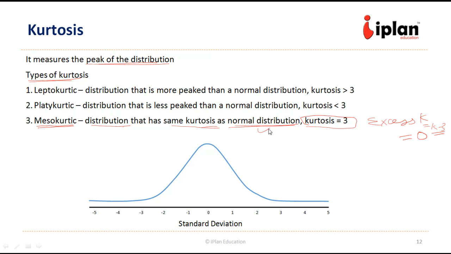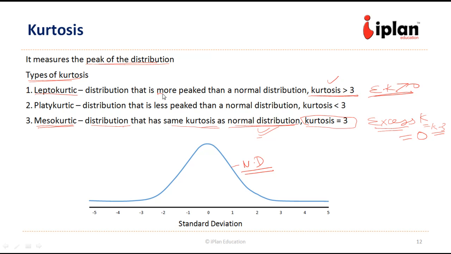So excess kurtosis is how much excess is there with respect to normal distribution. So if this is the case of normal distribution, let us see what will happen if it is leptokurtic, where the kurtosis is greater than 3 or excess kurtosis is positive.